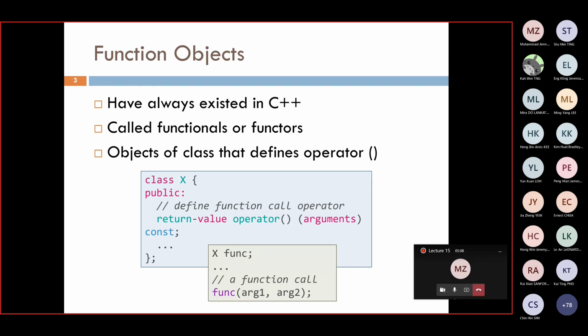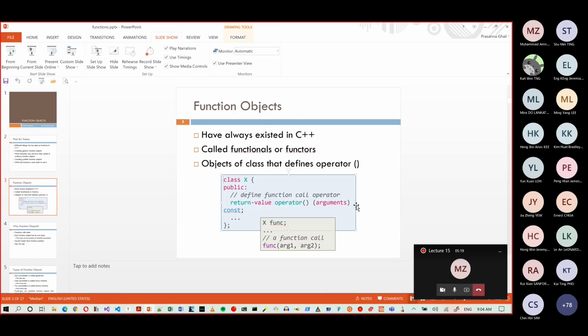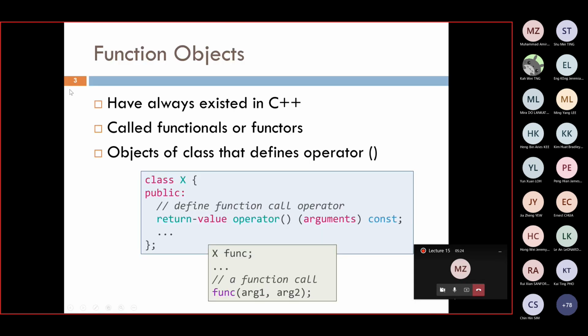What exactly is this? Well, the basic idea here is that you are overloading the function call operator in your class. What that means is that when you define a class X that you see here and overload the function call operator, then anytime you define an object of that type, you can treat this object with the function call operator as though it is a function.